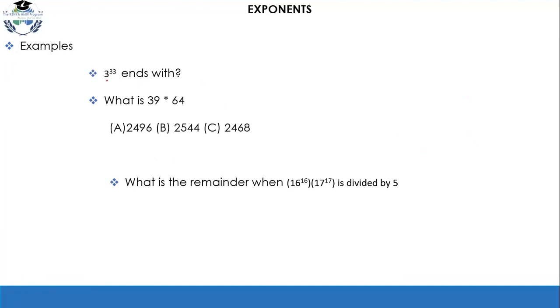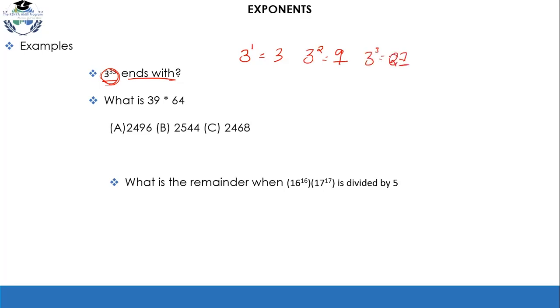So you have been asked, 3 power 33 ends with what? You can't take a calculator in the GRE and do this 3 power 33 like this. You just have to figure out what the cycle is for 3. So 3 power 1 is 3. 3 power 2 is 9. 3 power 3, 27.